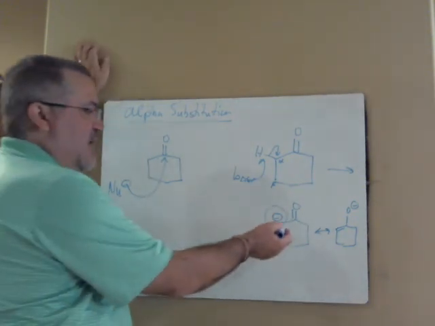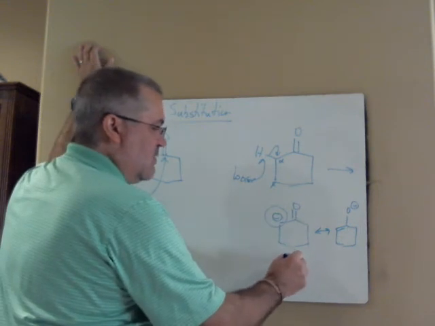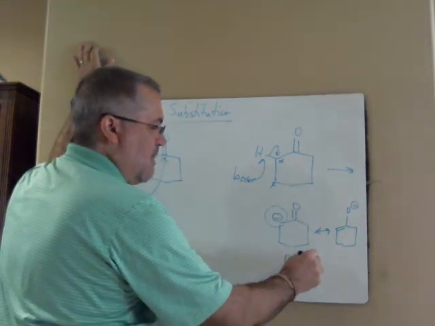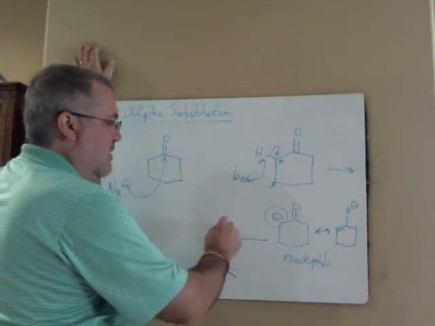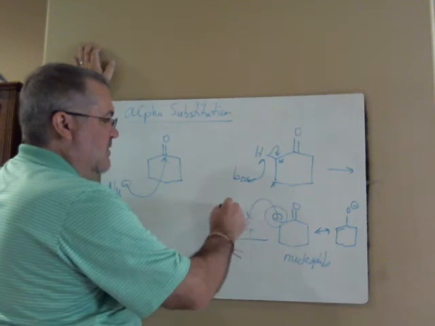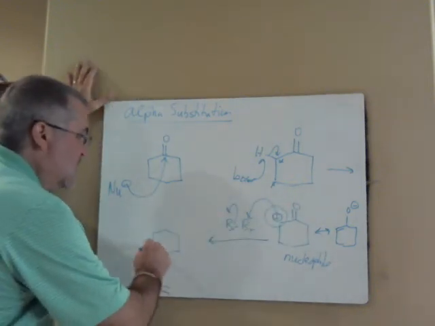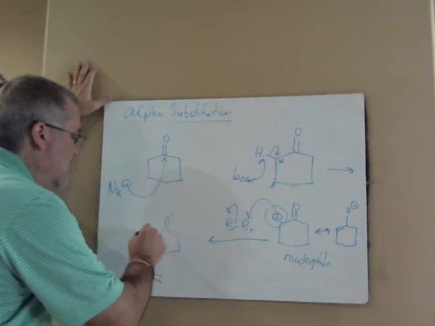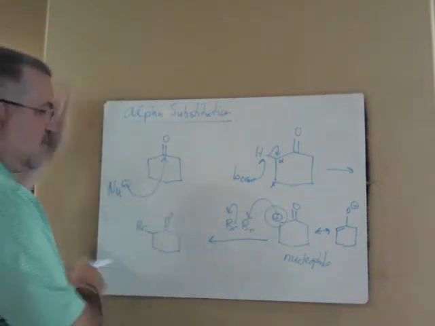Okay? And so basically now that you've formed this, it behaves as a nucleophile. So you can react it with things like Br2. And it does the same kind of nucleophilic stuff that we've learned about a zillion times. So we can, for example, put a bromine on there in the alpha position.